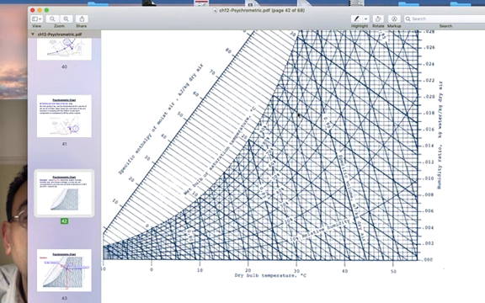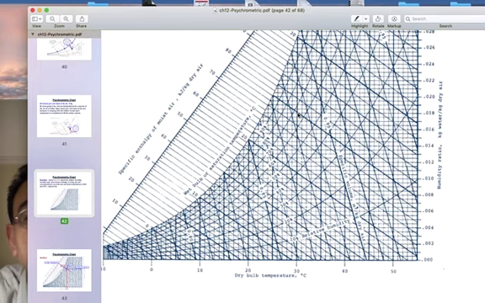And I go here and read the phi. That's why I made this chart really big when I was a student, so I could read it easier. But anyway, it's about 67, and you read the omega on the other side, it's 0.018, right?